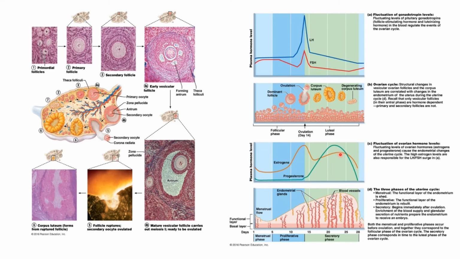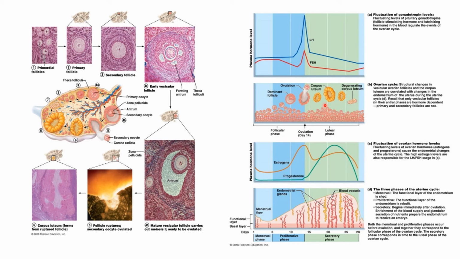Now, if no pregnancy takes place, then the corpus luteum is going to degenerate in about 10 days, and we get a scar known as the corpus albicans. Albicans just means the white body.